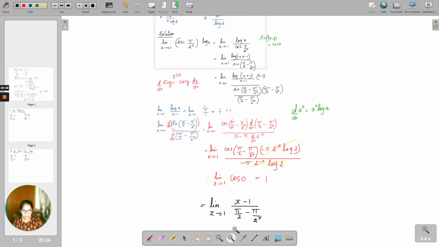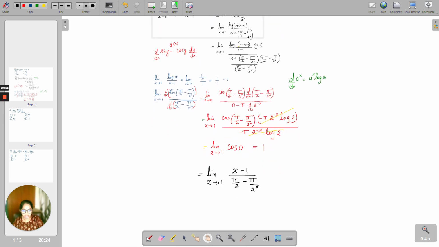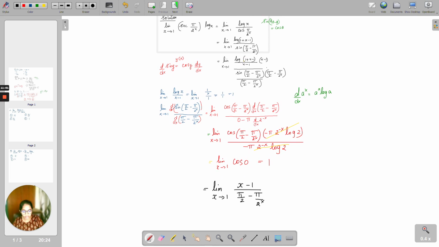So what was the question? The question was, let me write that too, which is our LHS: limit x tending to 1 secant pi divided by 2 power x into log x.